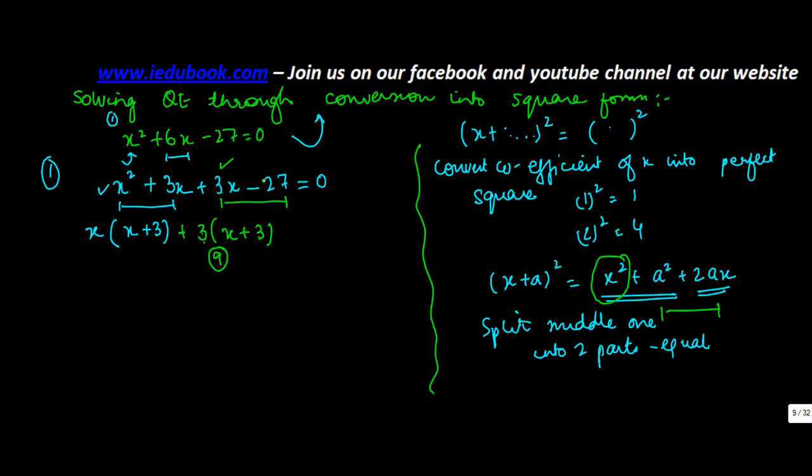But there is no 9 available over here. So what I do in this equation is, this x plus 3 I'm putting as it is, plus 3x, I add 9 here and I subtract 9 from here. 9 minus 9 will be 0, so there is no impact on the equation. Minus 27 is equal to 0.